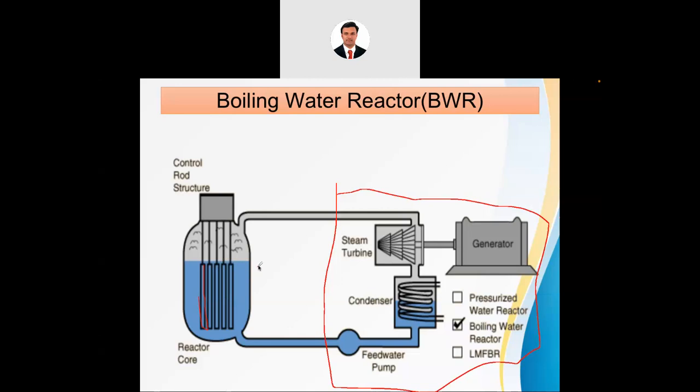Now, the main disadvantage of this type of reactor is that when the water directly comes in contact with the nuclear fuel, because of the radiation, it becomes contaminated water. When this water or steam comes in contact with the steam turbine, the blades and other components of the turbine are also going to be contaminated.